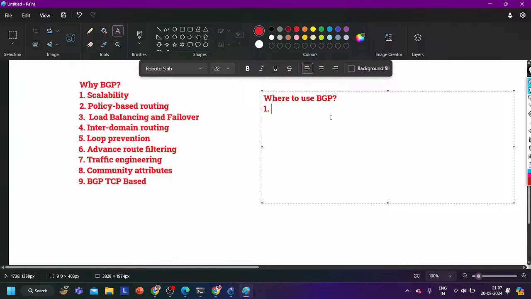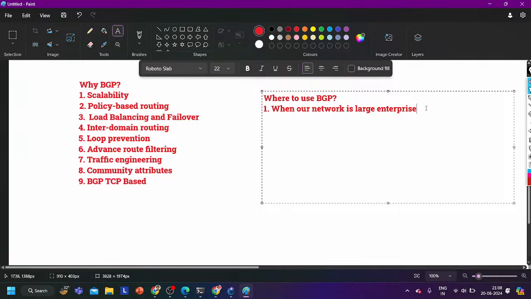Anything else? When we have to connect different networks over the internet. Good. Inter-AS routing, very good. So I see an example, multi-homed networks. What is the meaning of multi-homed networks? Soon, we are going to discuss it. Don't worry.